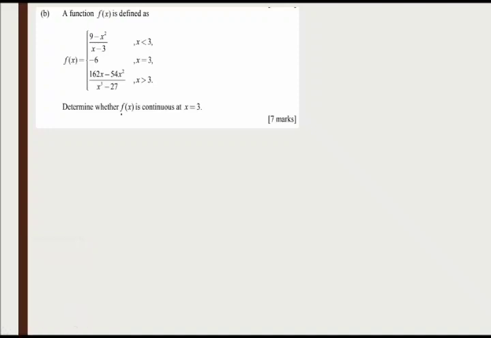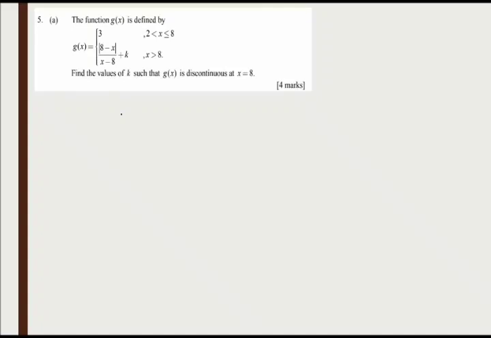So for this question, question number 5, part A. We're given this function g(x), defined by two parts. g(x) equals 3 when x is between 2 and 8, and then the absolute value of 8 minus x over x minus 8, plus k, when x is greater than 8.